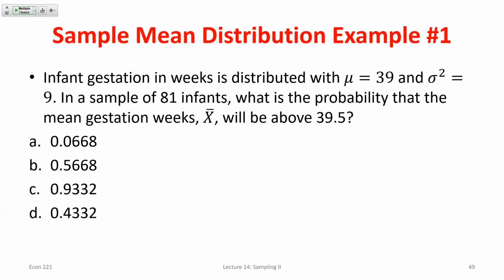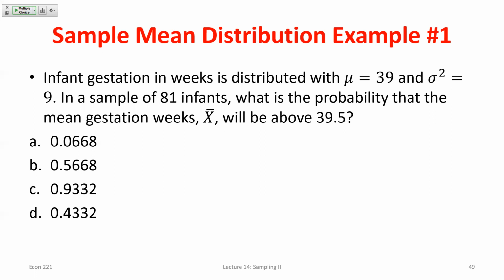So let's start thinking about what we've got. I'm interested in a value for the sample mean. I know the mean of my sample means will be whatever the original population mean was.